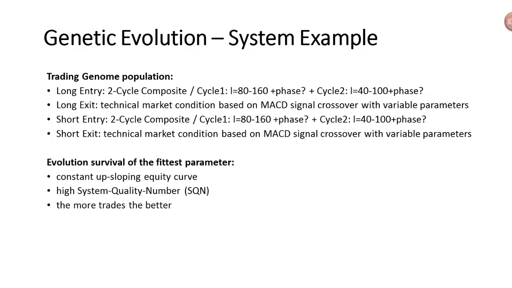So based on the 2-cycle composite, which can mutate between 80 and 160 plus variable phase, plus a second cycle between 40 and 100 plus variable phase, which can be combined with an MACD signal crossover with variable parameters, which can be combined with another 2-cycle composite with variable phase, which can be combined with any short exit signal with a MACD in addition on that.